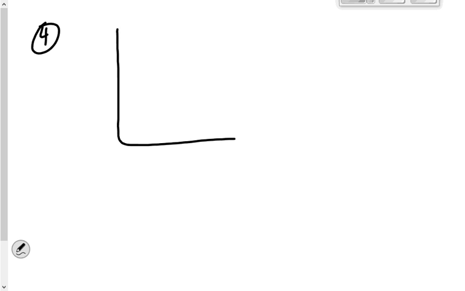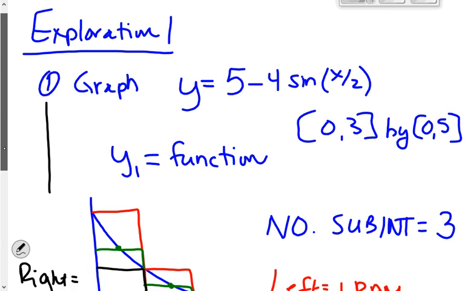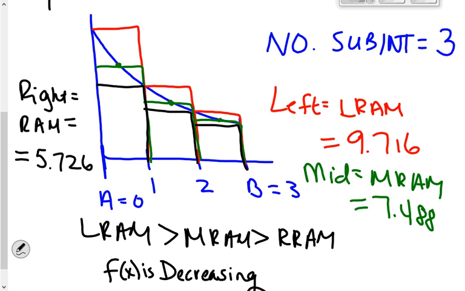Which actually looks a lot like this, which was why the omniscient narrator pointed out that f of x was decreasing. So you know for number 4 that if you have a positive decreasing function, your LRAM is bigger than your MRAM is bigger than your RRAM. So we really use number 1 to answer number 4.